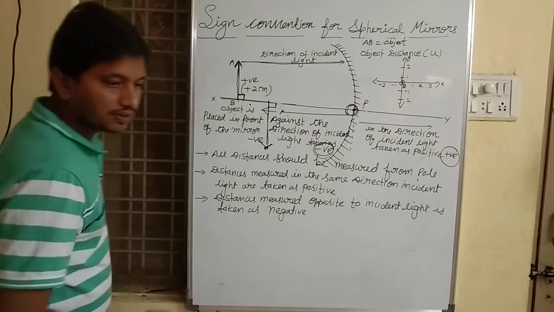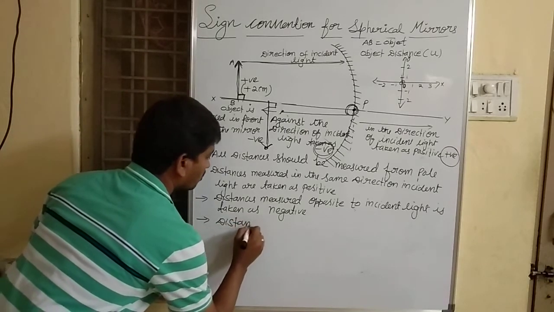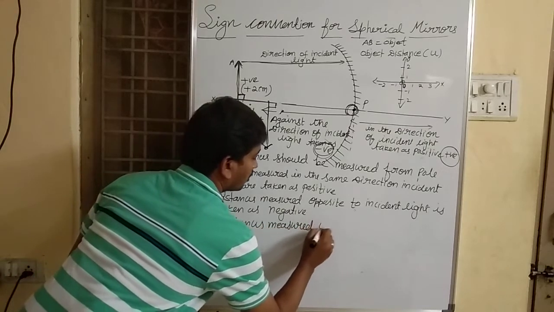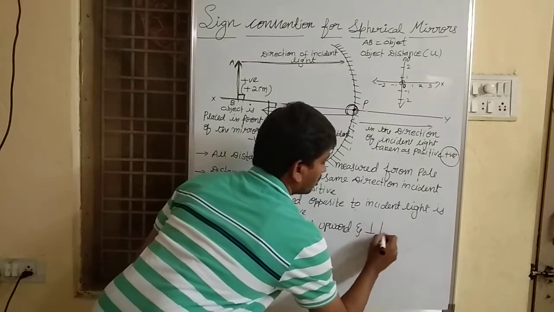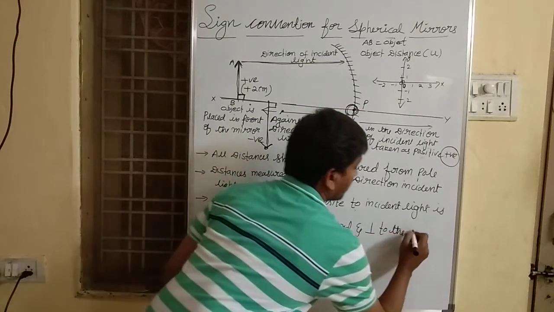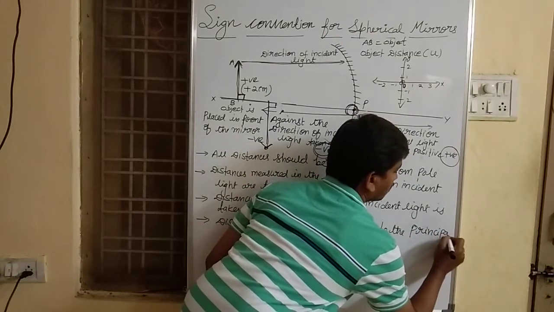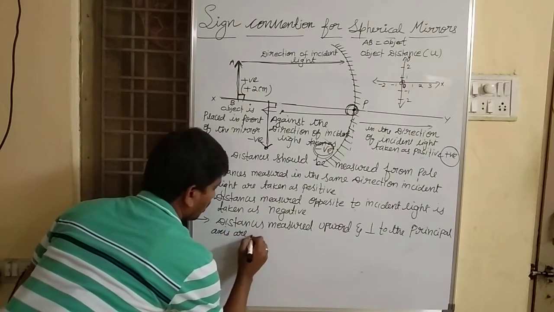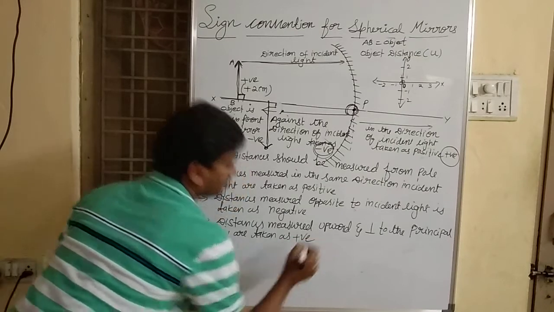And the fourth point is distances measured upward and perpendicular to the principal axis are taken as positive.